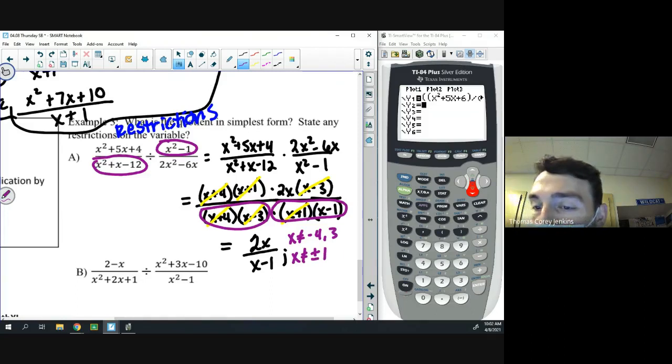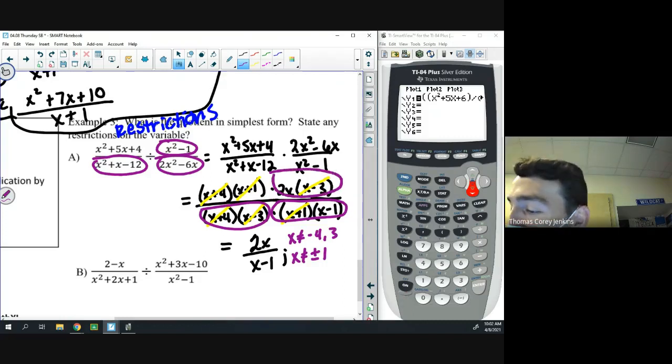And then the last one we said would be included in the restrictions would be this, which we know most people would say x can't be 3, and then they'd be done with it. What do people forget on that one? Anybody remember, or anybody see it? What would be my other 0 for this expression right here? 3 and what else?